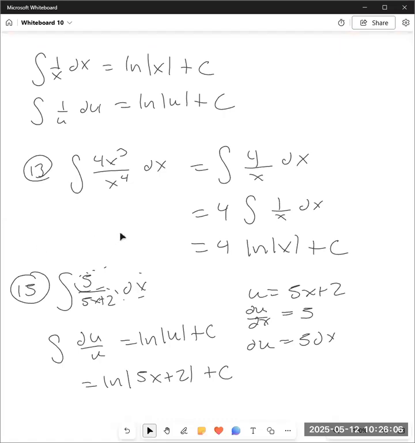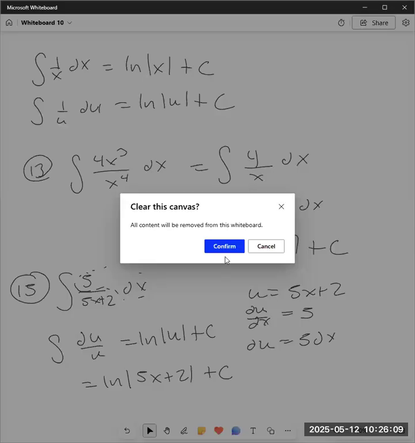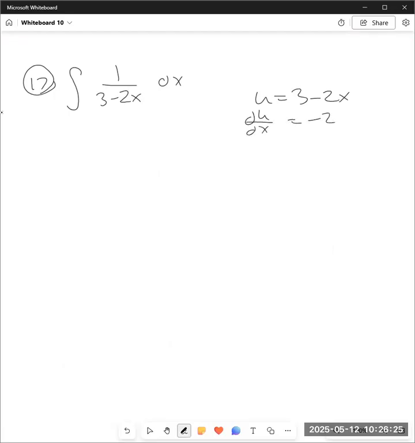Let's look at number 17 now. 17 is the integral of 1 over 3 minus 2x dx. U is 3 minus 2x. Du dx is negative 2. So du is negative 2 dx.